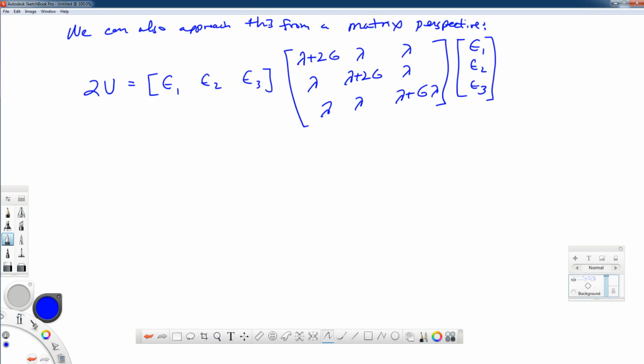If we express 2 times our potential function U in a matrix form, so we're pre-multiplying by the vector transpose for the principal strains, we have a matrix full of these Lamé coefficients, and then post-multiplying by the vector epsilons, the strains, then we can find the eigenvalues of this matrix.